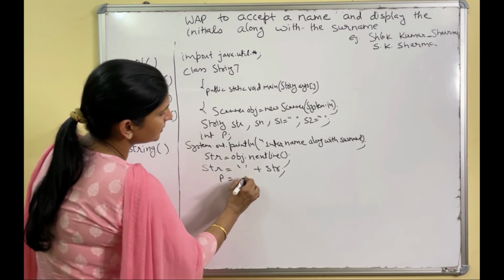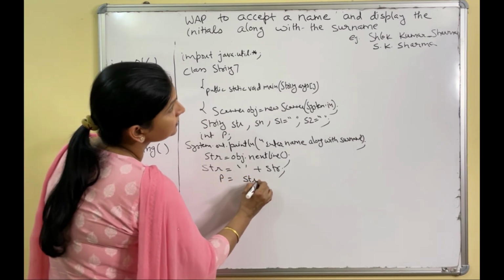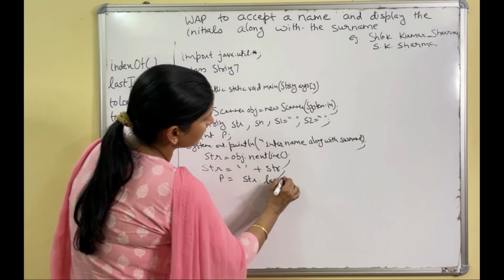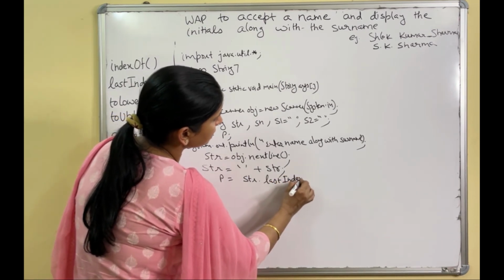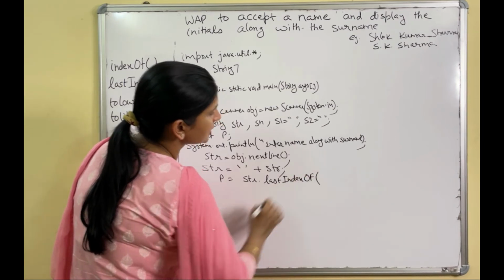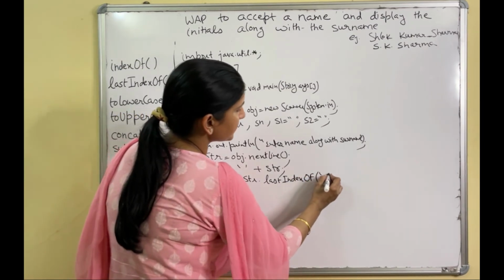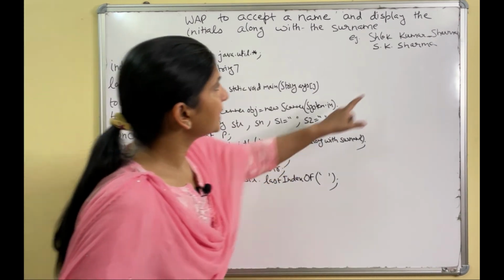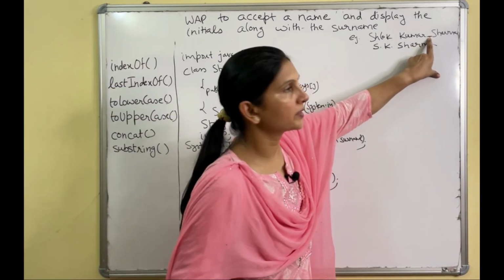So P will be str dot lastIndexOf. Specified character will be blank space, right? So what will be assigned in P? Index or position of this blank character.